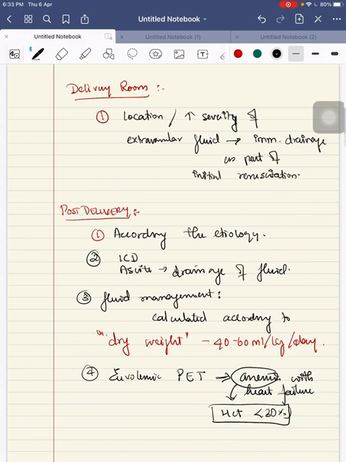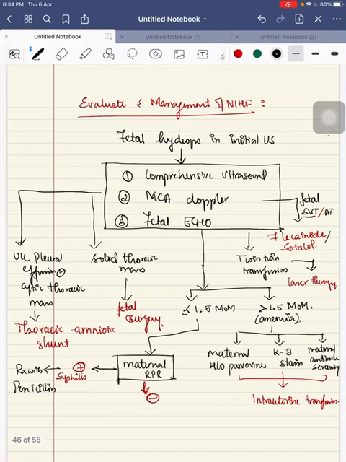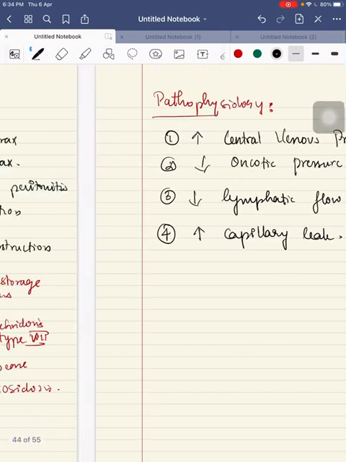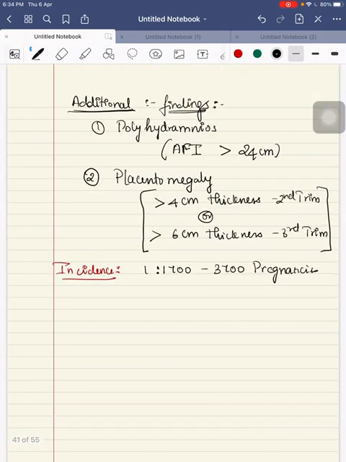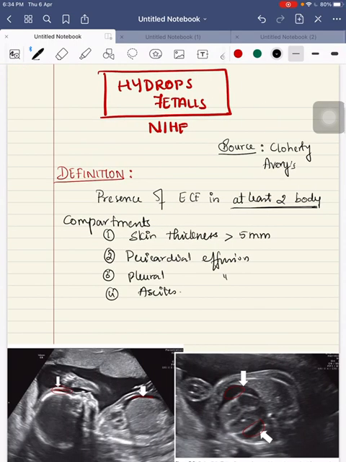This partial exchange transfusion is done to improve the oxygen carrying capacity, so it can reduce the risk of congestive cardiac failure. So this is about hydrops fetalis. Mainly, we have discussed non-immune hydrops fetalis. Okay.